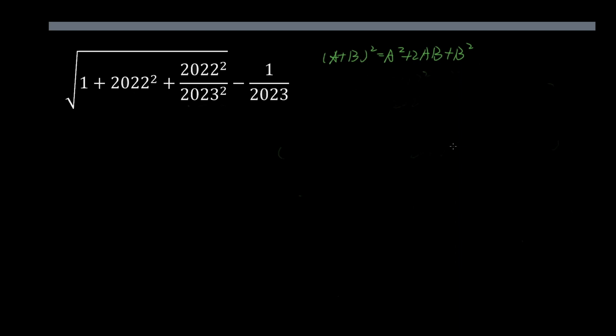So because 2022 squared over 2023 squared corresponds to a squared, 2022 over 2023 corresponds to a.